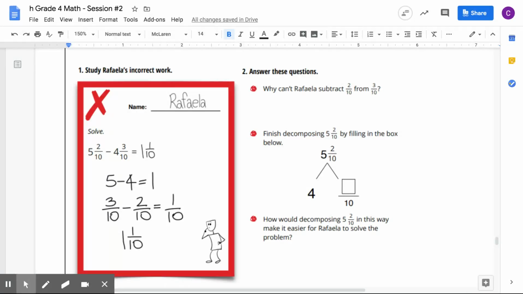So the question says, why can't Rafaela subtract 2/10 from 3/10? So if you look here, you can see our 2/10 shaded in. If we only work with this rectangle, are we able to subtract 3 yellow parts? If you said no, you are correct because there's only 2 parts shaded.